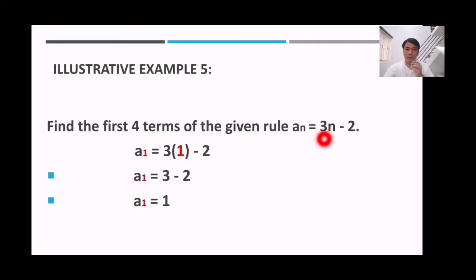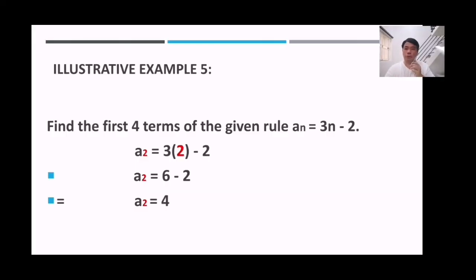Kung walang operation in between a number and a term, meaning ang operation is multiplication. Okay, so 3 times 1 minus 2. That becomes the equation. Let's try to solve. 3 times 1 is 3. Baba lang natin si minus 2. Then we subtract 3 minus 2 equals 1. Okay, so our first term, or a sub 1, is 1.